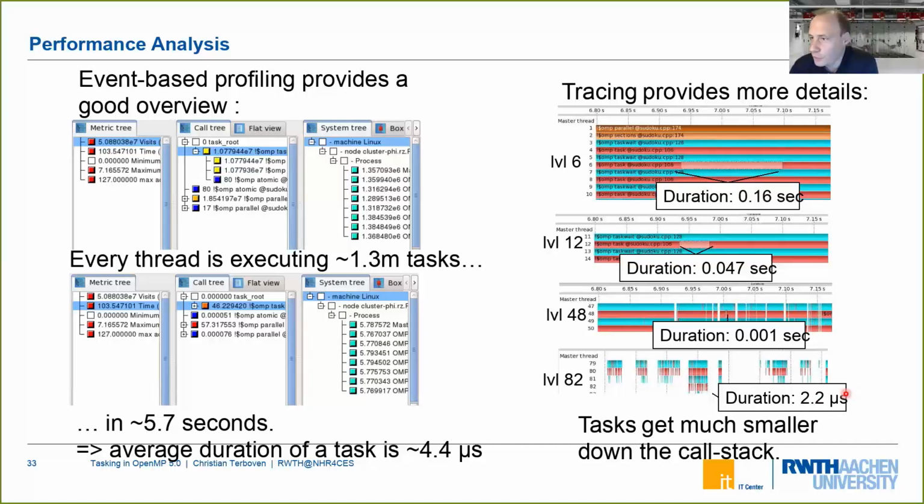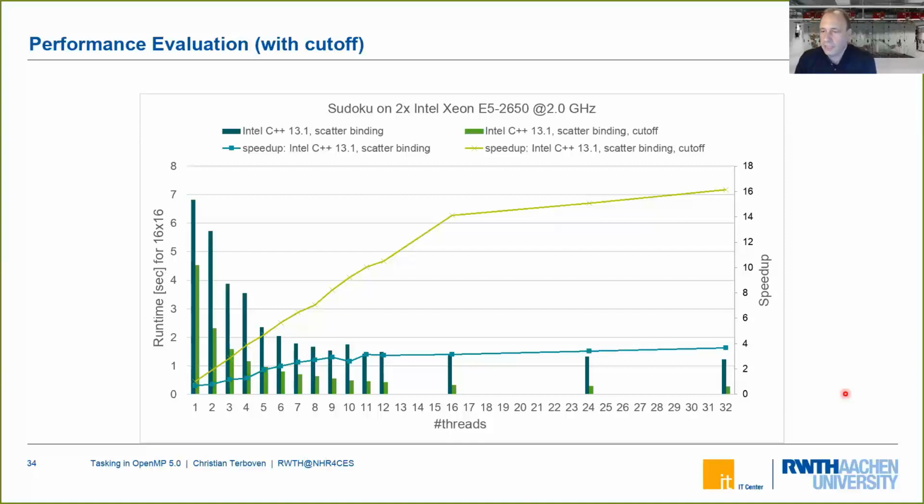So what can we do? We can implement some tunables like if, mergeable and final. In most cases, we can implement the if clause in our program to make sure that after we have created enough tasks, no further tasks are created. With that, we get a speedup of close to 16 on a system with 16 physical cores.